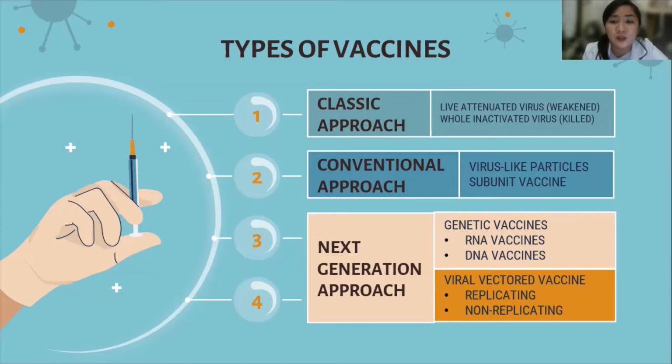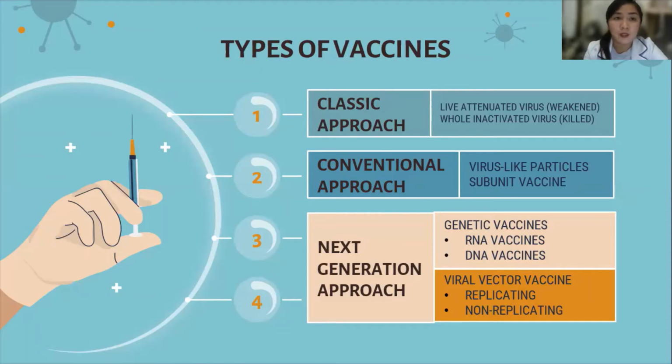This includes the genetic vaccines, which have two types, the RNA vaccines and the DNA vaccines, and the viral vector vaccines, where our topic, the non-replicating vaccine type, belongs together with the replicating type.